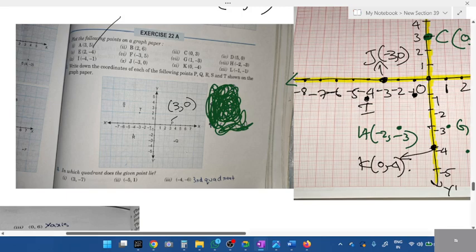Yeah, what is Q, students? Tell me the point Q. First, connect it with the x-axis. What is the x-axis value? 4 comma minus 3. P, R. What about R?